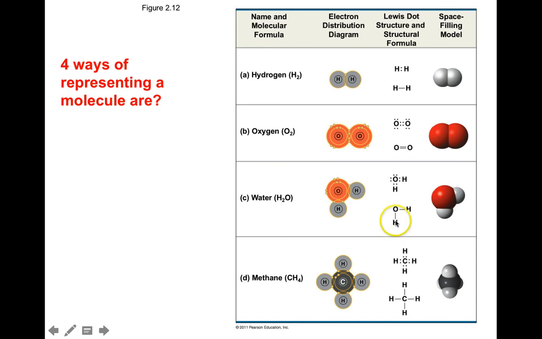So this is H2O. These are single covalent bonds, two single covalent bonds. Methane is one carbon sharing a pair of electrons with four hydrogen atoms. Each hydrogen atom is sharing one pair of electrons. So carbon is forming four single covalent bonds in this case.